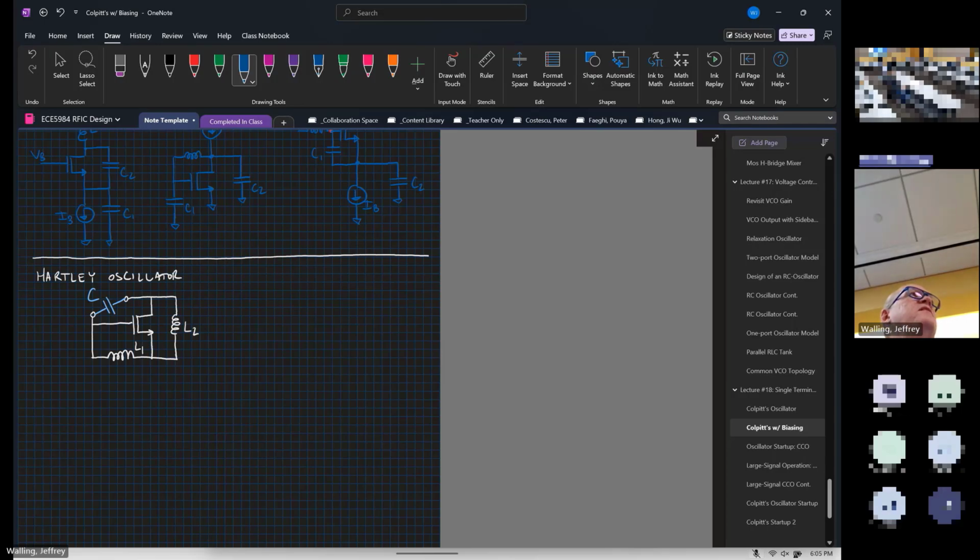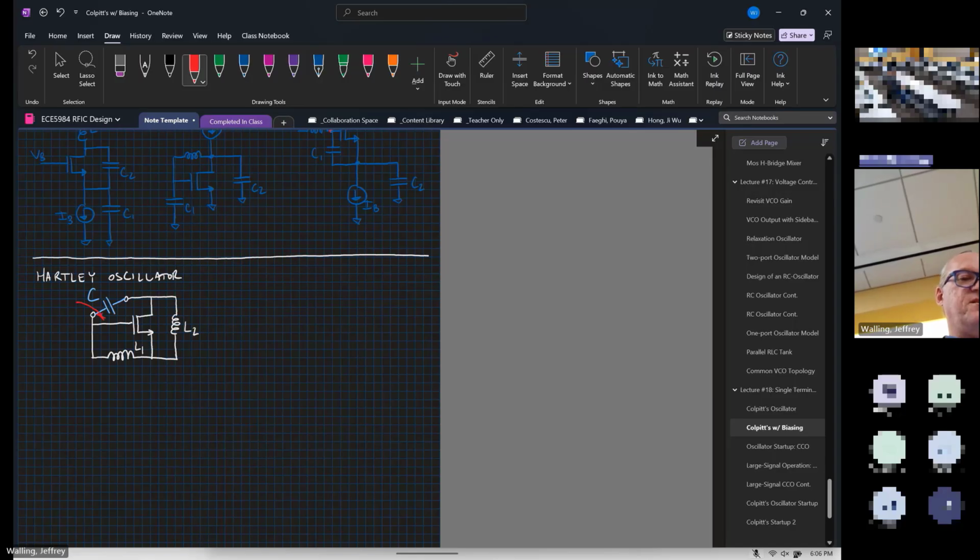You can guess that that series combination of inductors around the transistor will ultimately end up creating a negative resistance, and then that negative resistance will have some inductance as well, and then we'll put that in parallel with the capacitance.